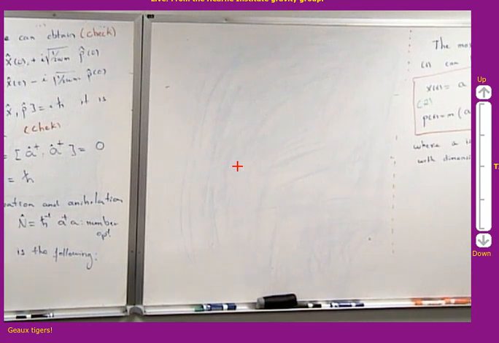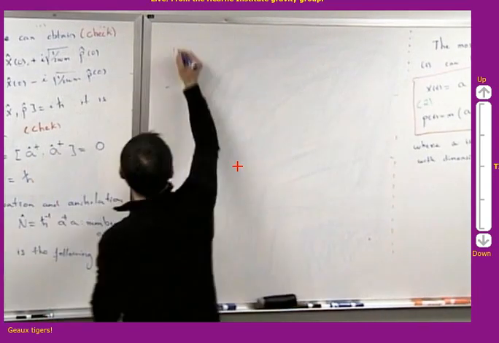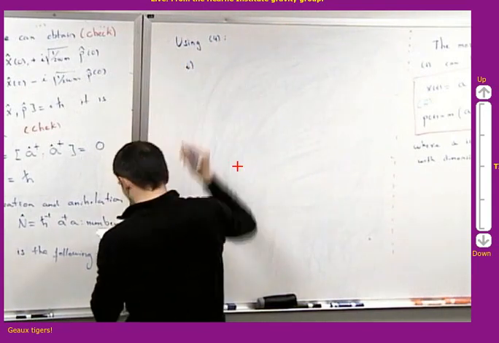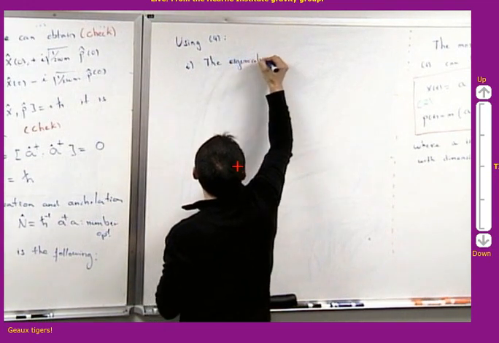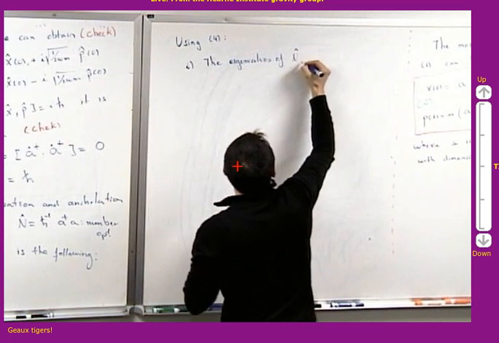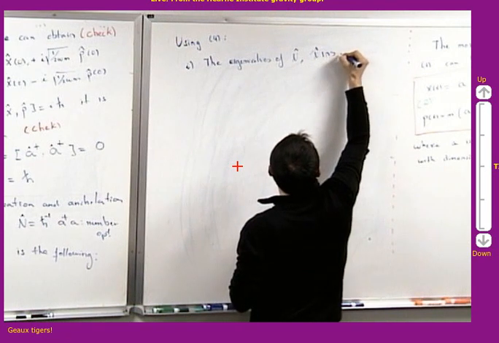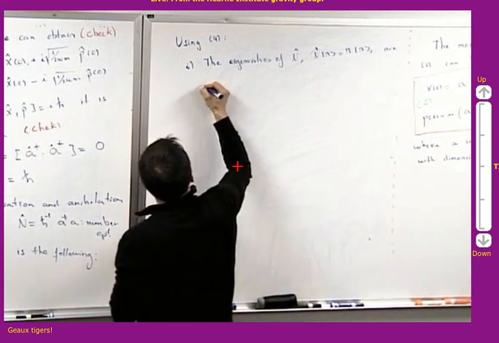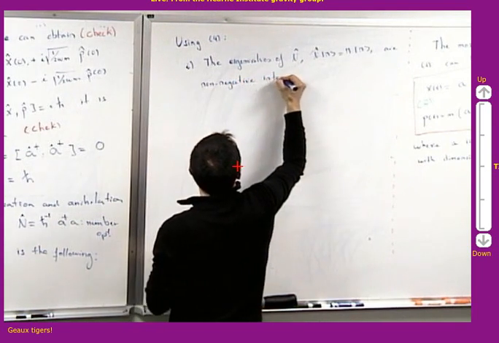So let me call that equation 4. And the statement is that using these commutation relations, using 4, you can show that the eigenvalues of n, so n acting on some states, small n are going to be small n times n, so are non-negative integer numbers.